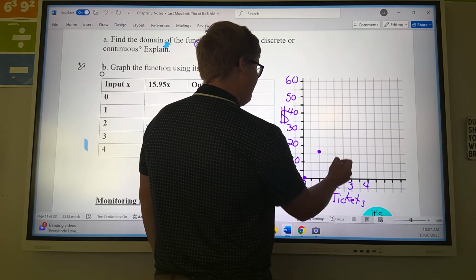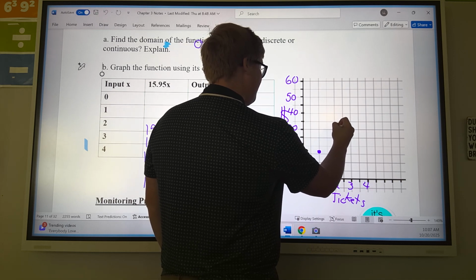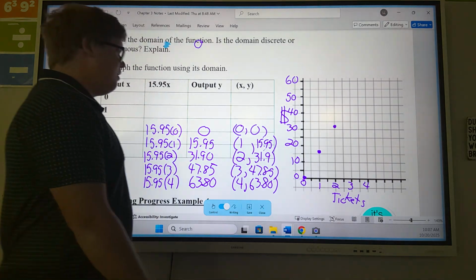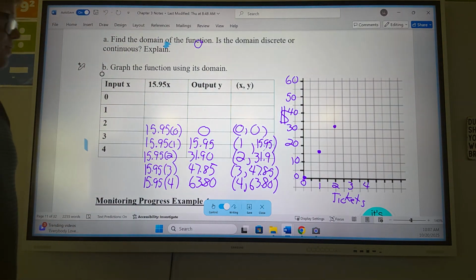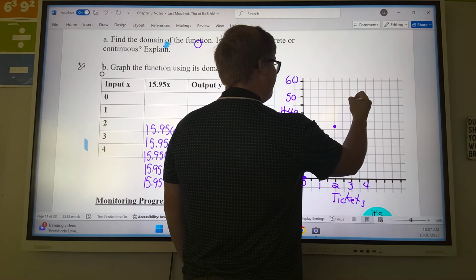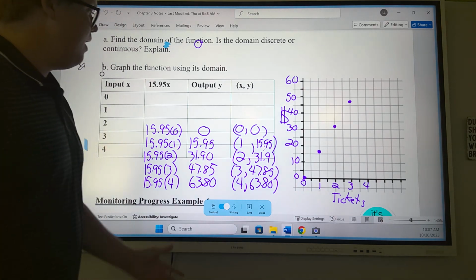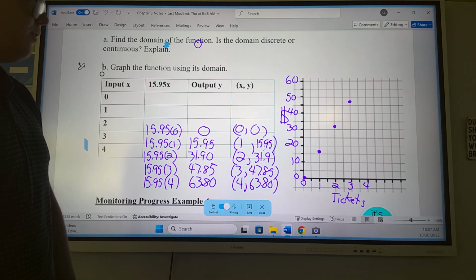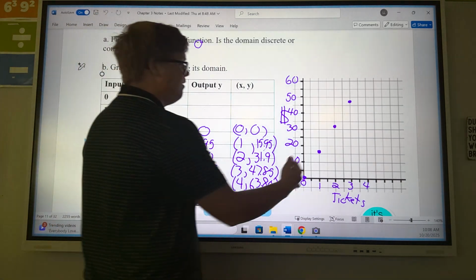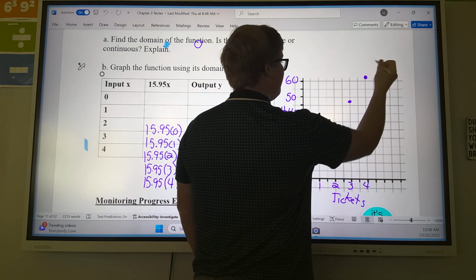So let's find $31.90. So right around there, I'd say. If we buy 3 tickets, we're spending $47.85. So let's go to 3 tickets, and let's go all the way up to $47.85. And now 4 tickets, $63.80. So at 4 tickets, we spent $63.80. Let's go to the very top of the graph.